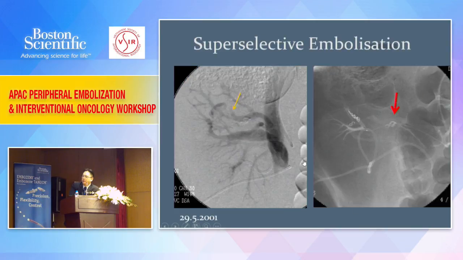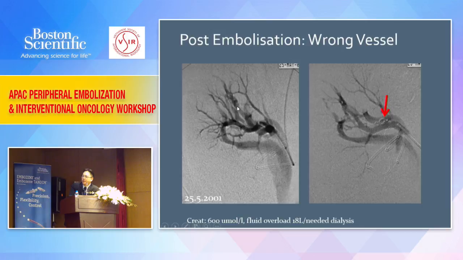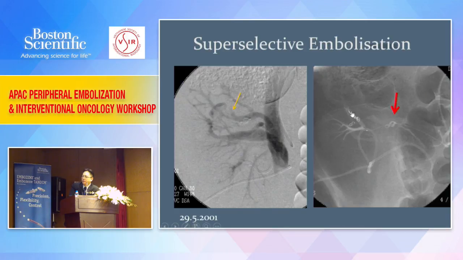So we went back in super selectively, and then we found that actually the fistula was up here, and with a few pushable coils, that time, I think this was in 2001, the IDC was not available. I had no choice but to take a risk of using pushable coils.